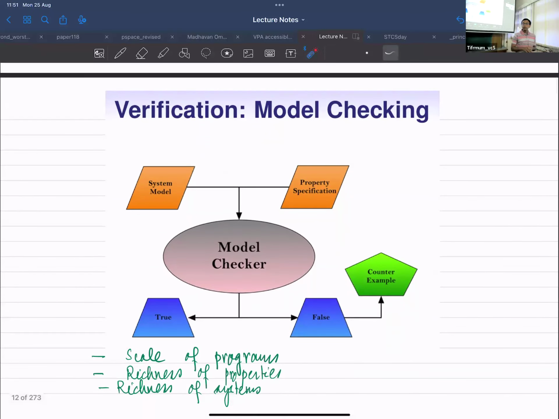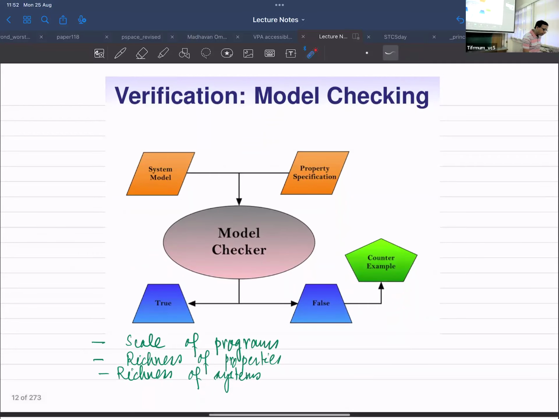Okay, now a specific kind of algorithmic process in verification is called model checking. What is model checking? It's an algorithmic procedure to ensure that our systems satisfy a property.